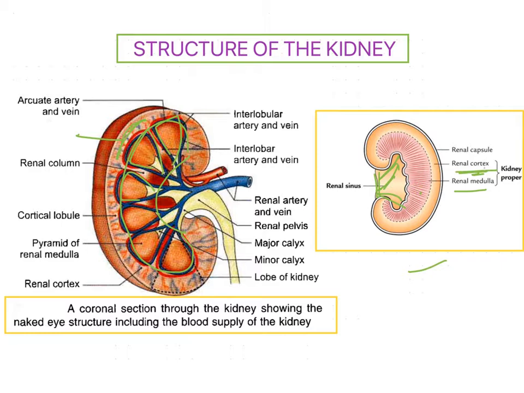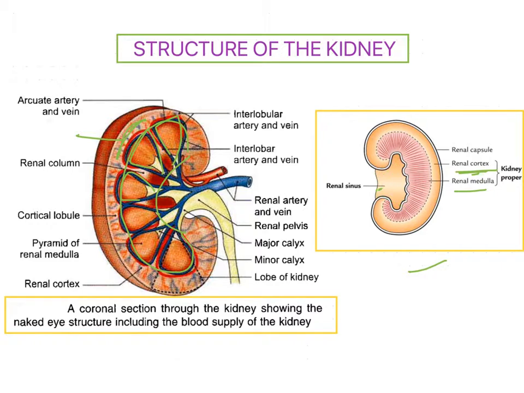The renal cortex and the renal medulla together are called the kidney proper, and another space is present in the kidney. That space, which extends into the kidney from the hilum, is called the renal sinus. These are the major divisions we can see in the coronal section of the kidney.